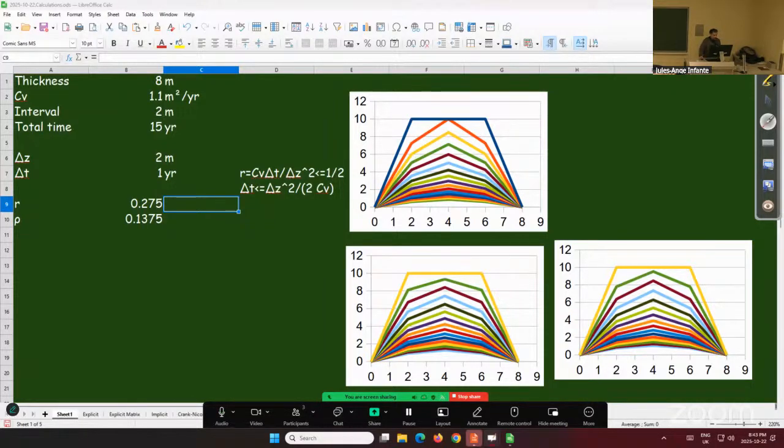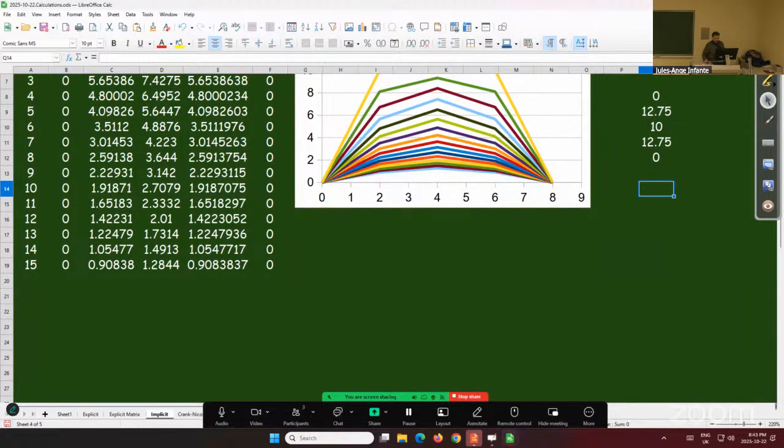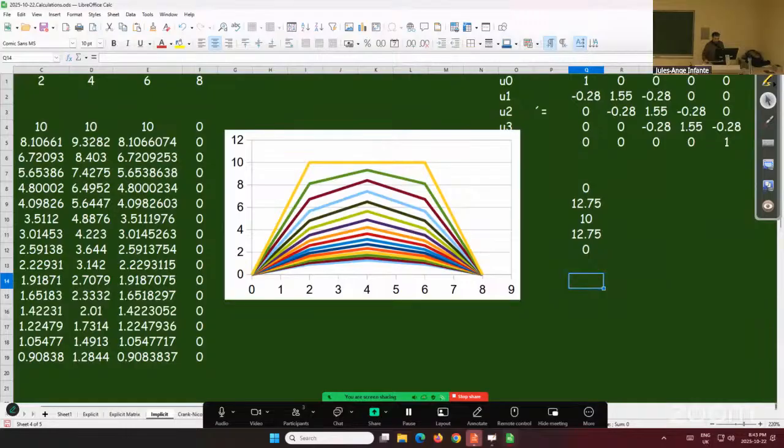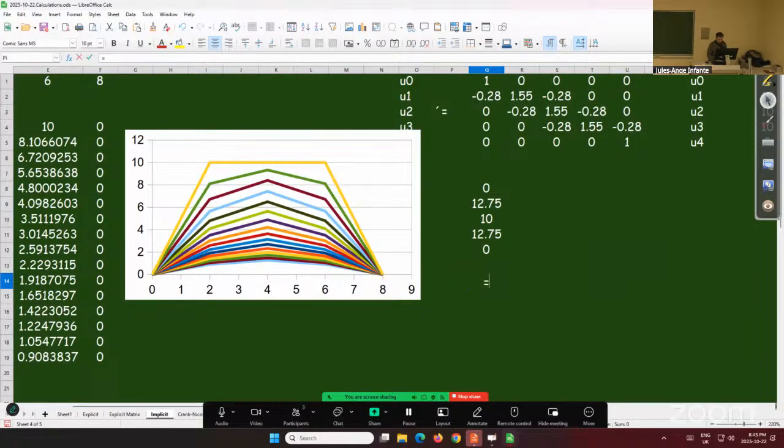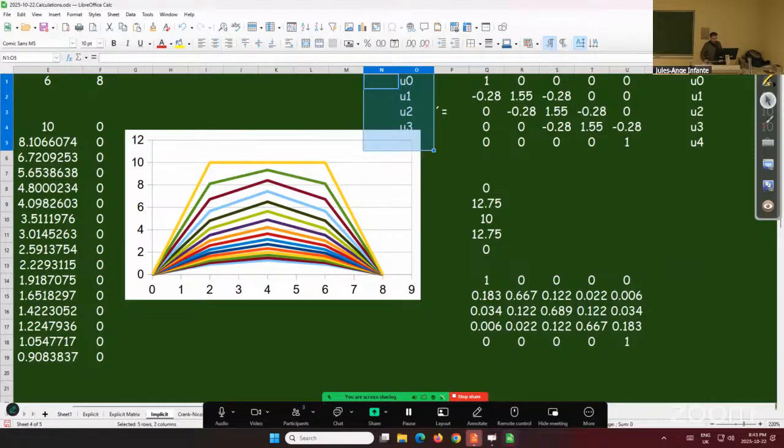Because we haven't had a look at the inverted matrix, let's do that just now. Okay, so that's the inverted matrix. What does it mean?